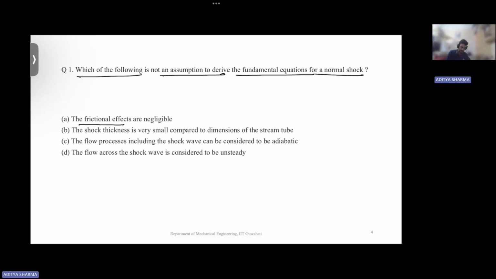First says that the frictional effects are negligible. Second says that the shock thickness is very small compared to the dimensions of the stream tube. Third says that the flow processes, including the shock wave, can be considered to be adiabatic. Fourth says that the flow across the shock wave is considered to be unsteady.